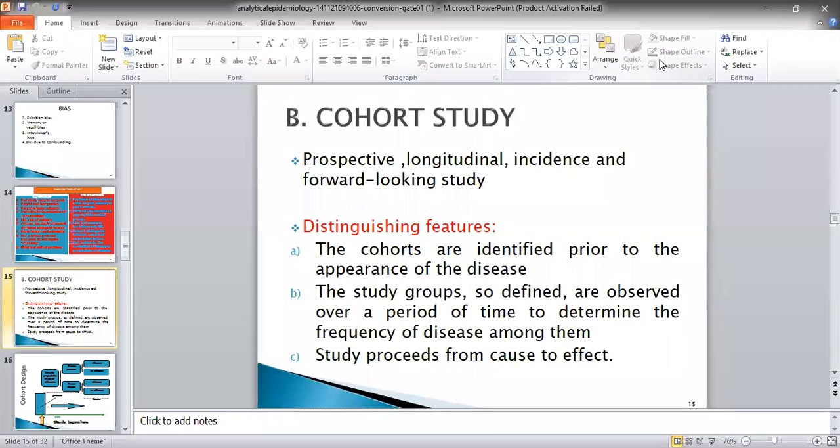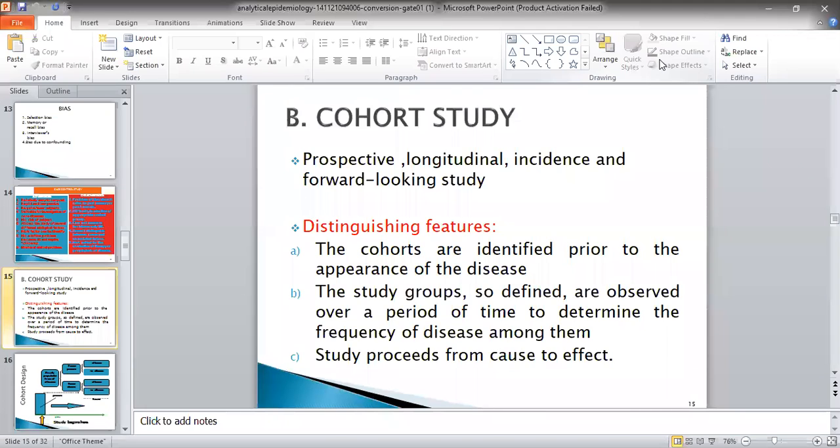We will design a cohort group prior to the appearance of disease. And the next distinguishing feature is the study group that we will define will be observed over a period of time to determine the frequency of disease among them.